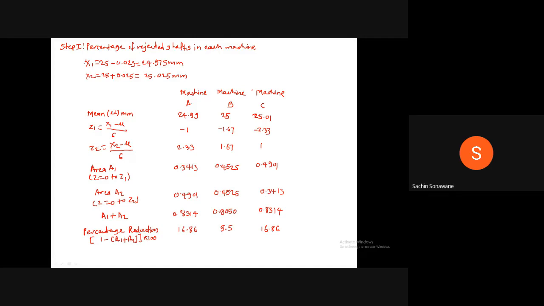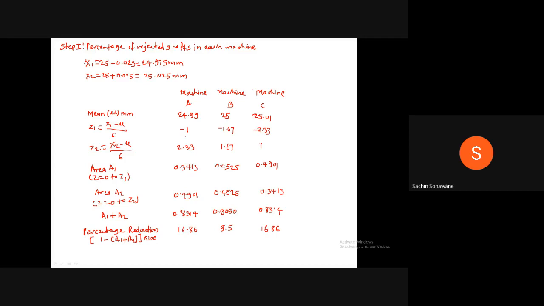Okay, I think you have written. Now what we'll do? Whatever these values are there, Z1 and Z2 for each machine. Z1 is equal to -1, Z2 is equal to 2.33. Again, Z1 is equal to -1.67, Z2 is equal to plus 1.67, Z1 is equal to -2.33, Z2 is equal to 1. For all these six values, we'll plot three normal distribution curves: for machine A first, for machine B second, and for machine C third.